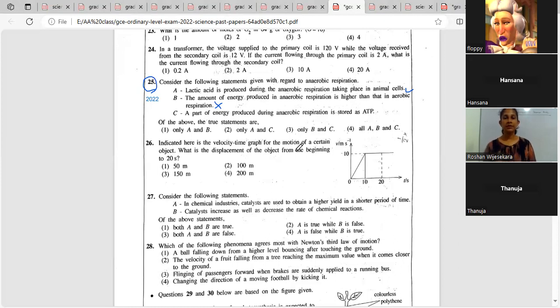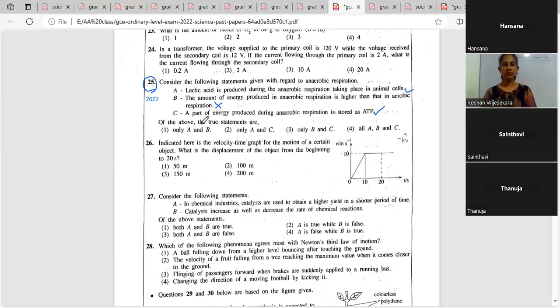A part of the energy produced during anaerobic respiration is stored as ATP. Yes. Both aerobic and anaerobic respiration produce energy and it is stored as ATP, adenosine triphosphate. Therefore, A and C are correct. Of the above, the true statements are A and C only. B is incorrect.